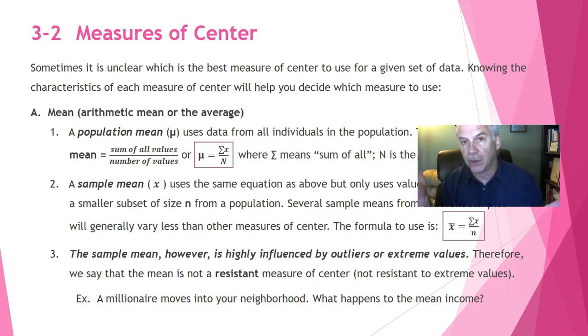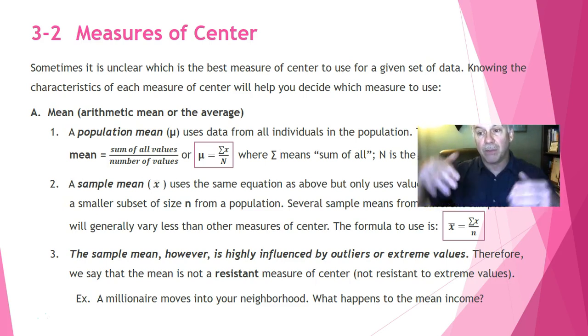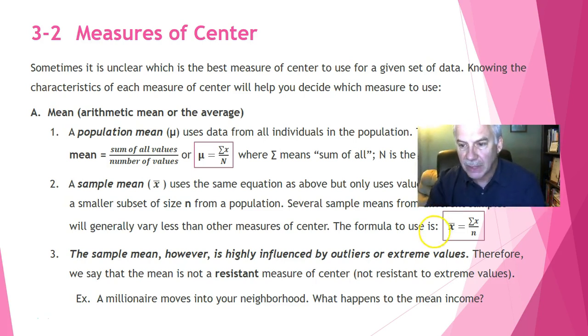I mean, think of if you were in a neighborhood and you're talking about the average income in your neighborhood, but let's say Bill Gates moves into your neighborhood. Your average income in your sample will increase greatly if Bill Gates moves in. It'll jump up the average income of the neighborhood, as you would expect.